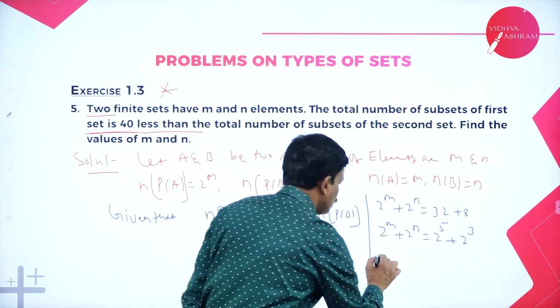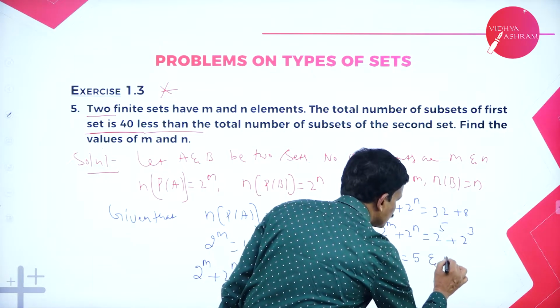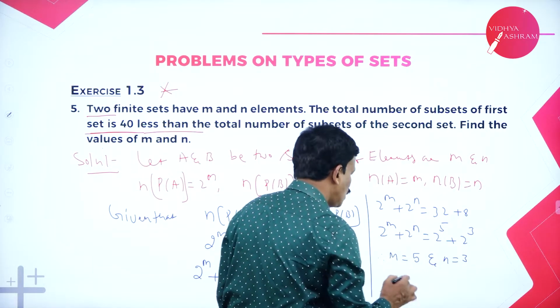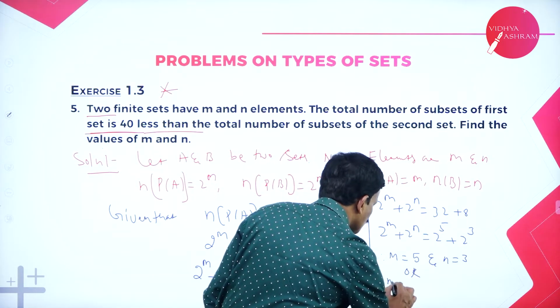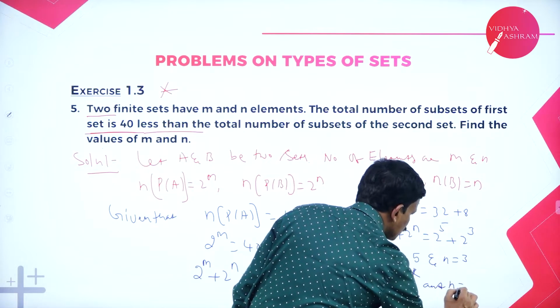Therefore, here m is equal to 5 and n is equal to 3. Or we can also write like this, m is equal to 3 and n is equal to 5.